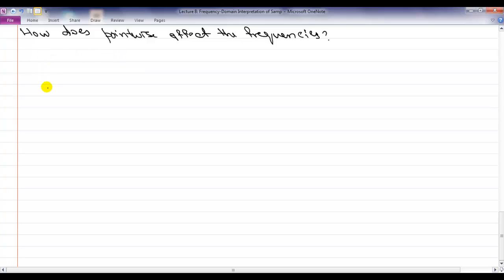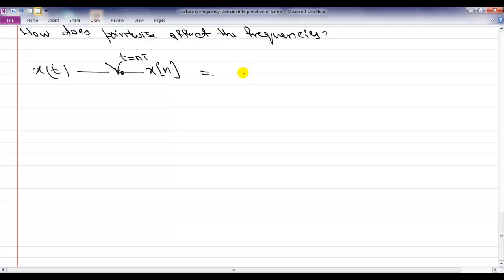To do that, let's remind ourselves of a few things. One is that we had talked about this abstraction of this operation x[n].